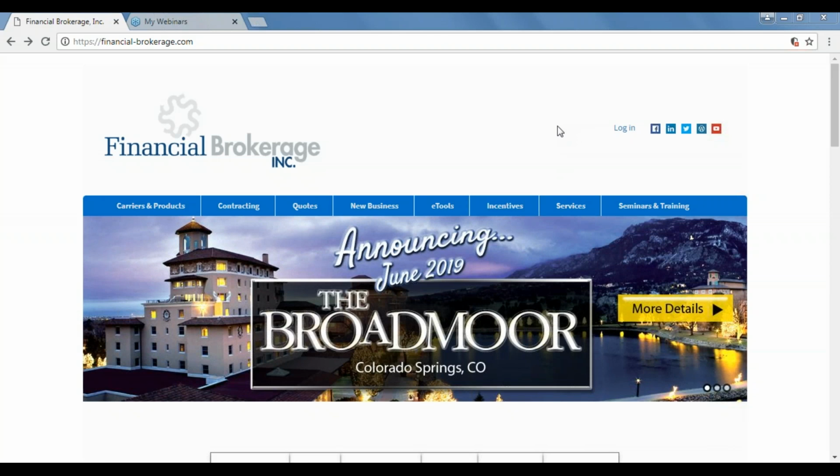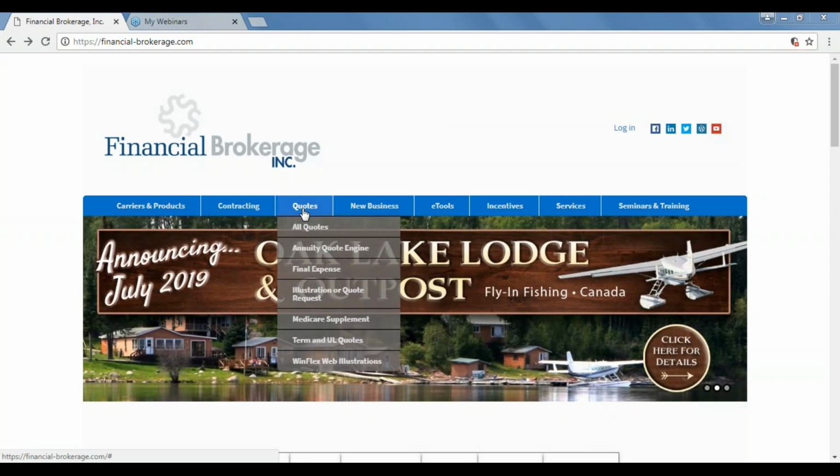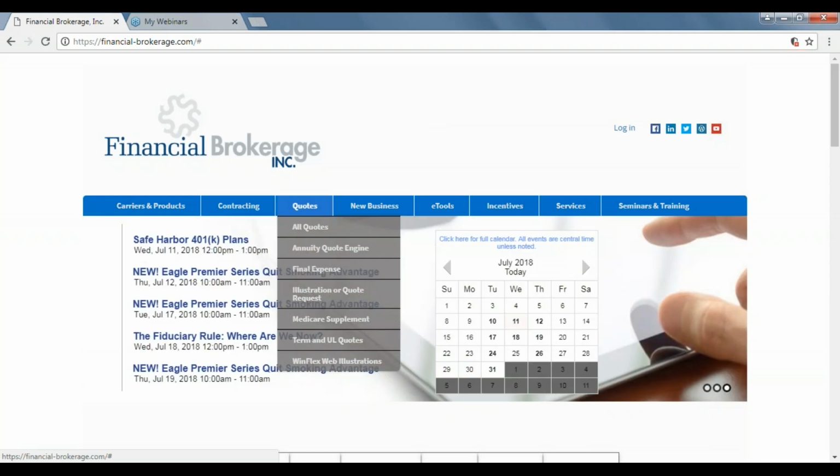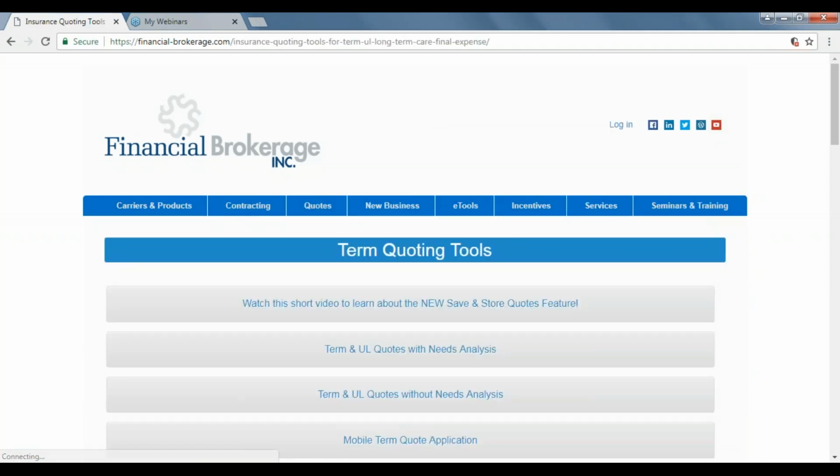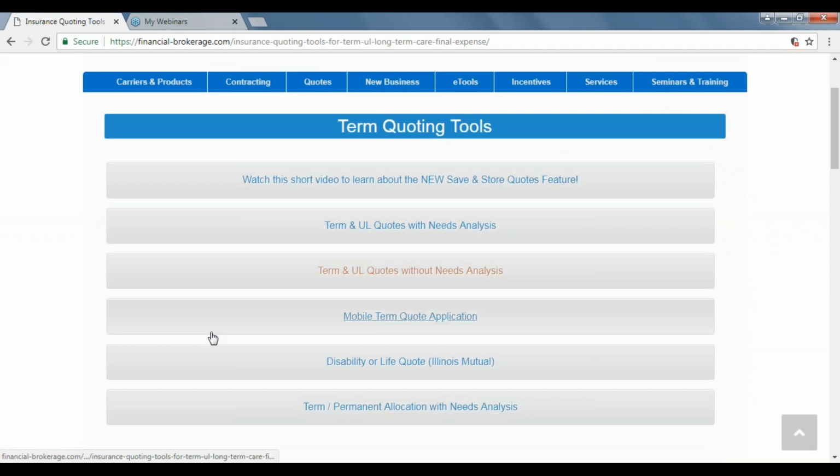So up in front of us, we have our website, Financial-Brokerage, and the life allocation tool. It's under the quotes drop-down menu. Hopefully that's popping up on your screens right there. If you click on quotes, click on all quotes. Eventually, you're going to see a whole bunch of different quoting engines out there.